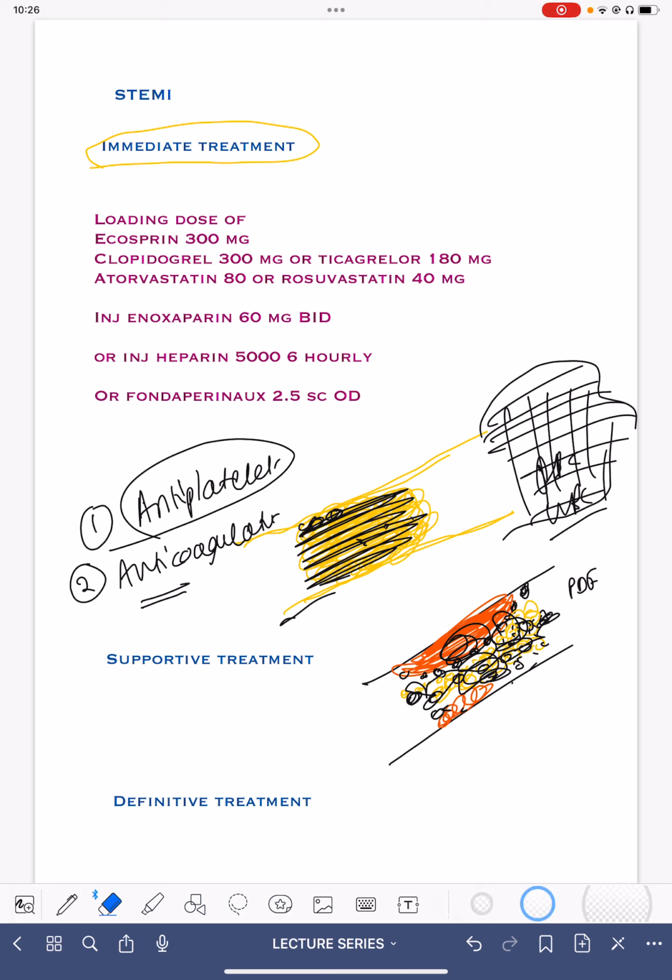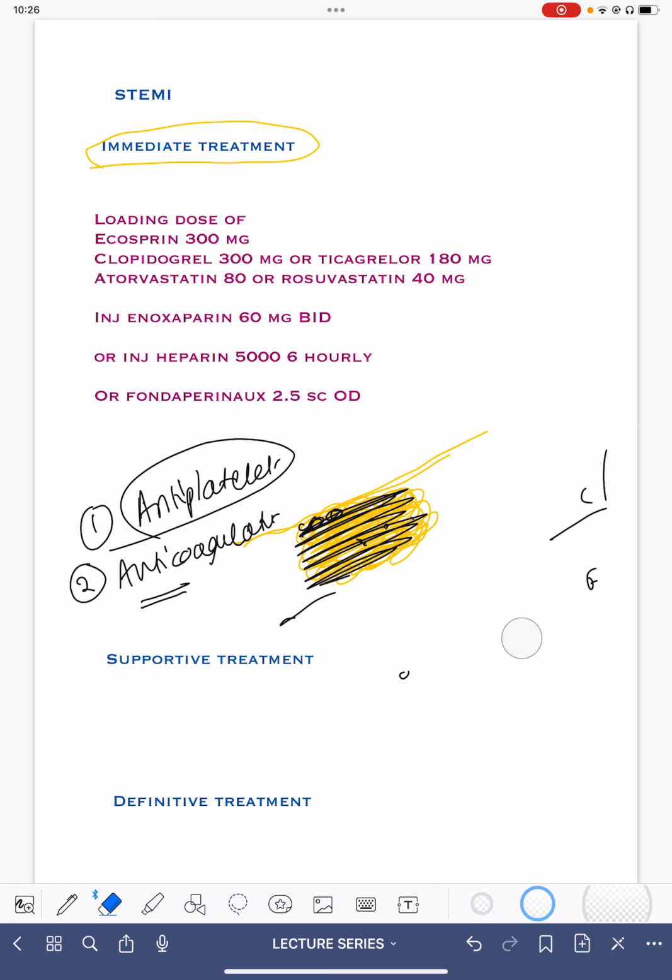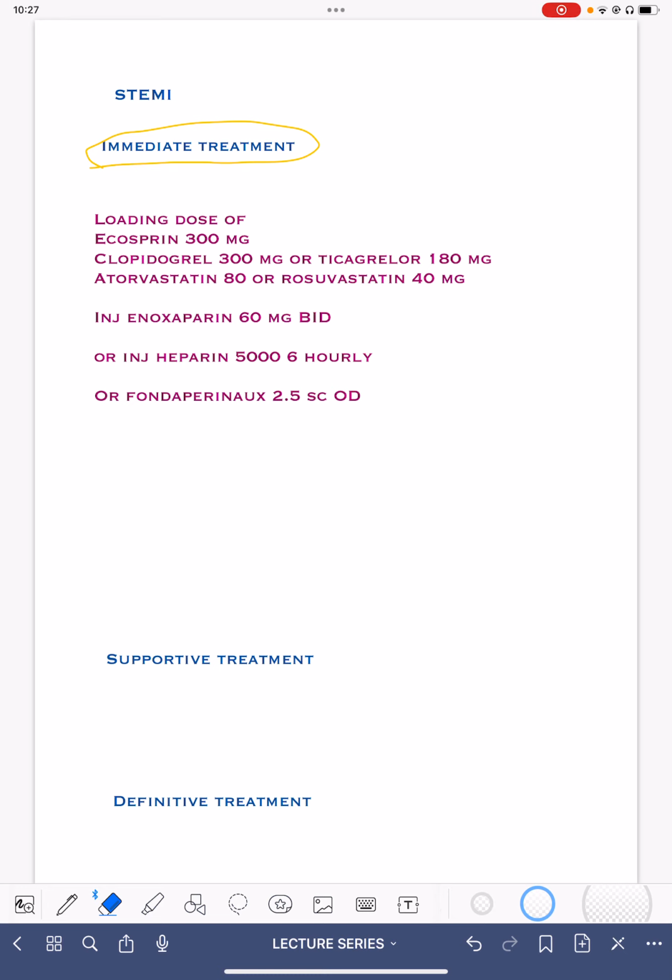Now we know any MI patient presenting to the hospital, to the emergency, having severe chest pain, diaphoresis, palpitation, we have to give a loading dose of ecosprin 300 milligram. That can be given with either clopidogrel 300 milligram or ticagrelor 180 milligram.